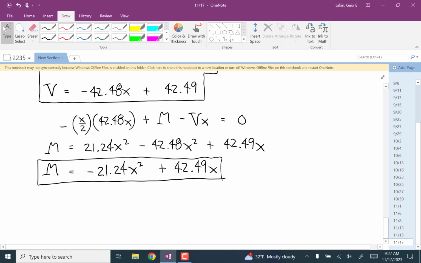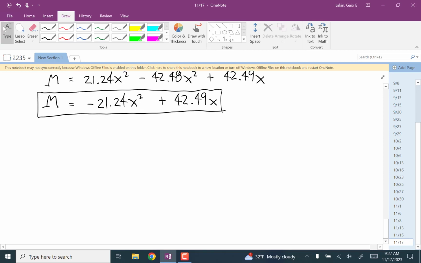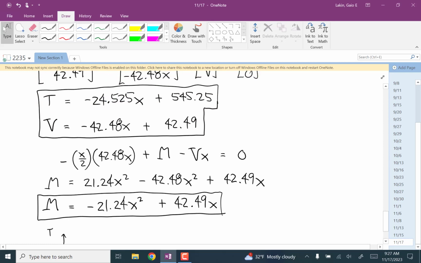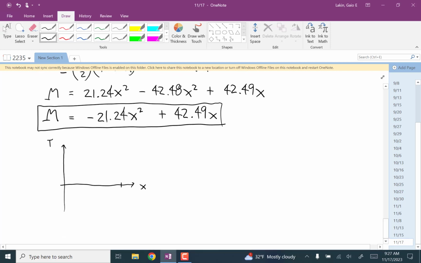Okay, so let's graph it and look at what we have compared to the case where we ignored those fairly small masses. So for the internal tension, we have a function of, at x equals 0, we're at 545.